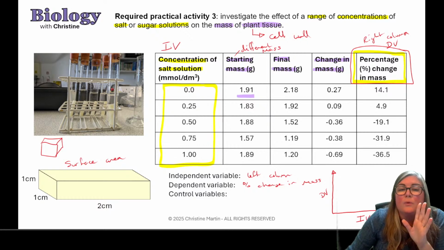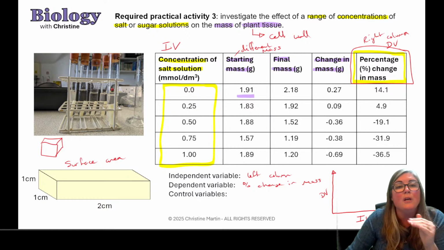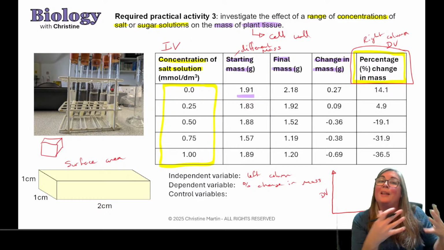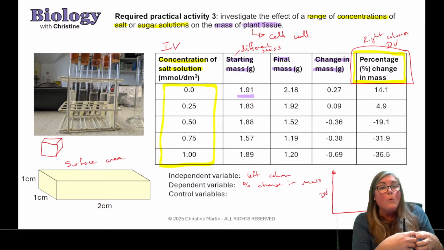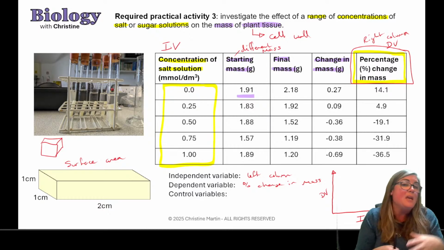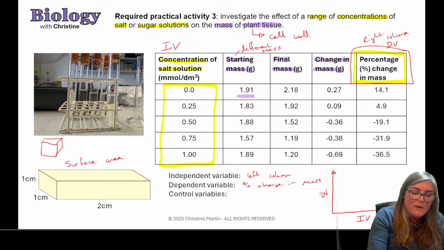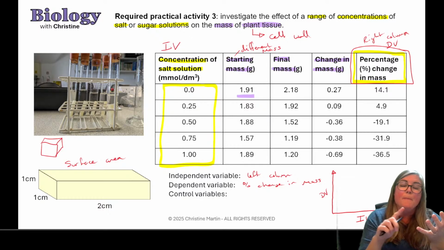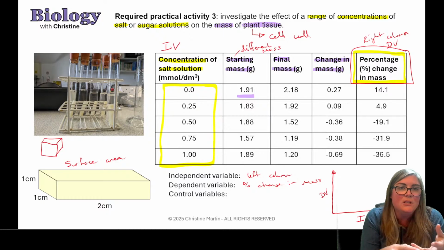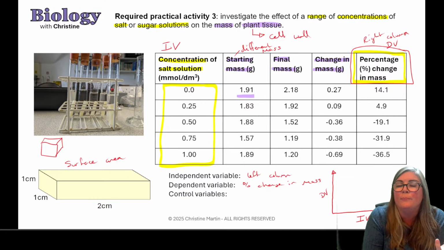Now, the other thing I would say is when you're talking about variables, because we love in GCSE to ask you to plan an investigation, or we love to ask you to tell us what would be control variables. So if I have controlled my surface area, what else do I need to control? Well, where did it come from?